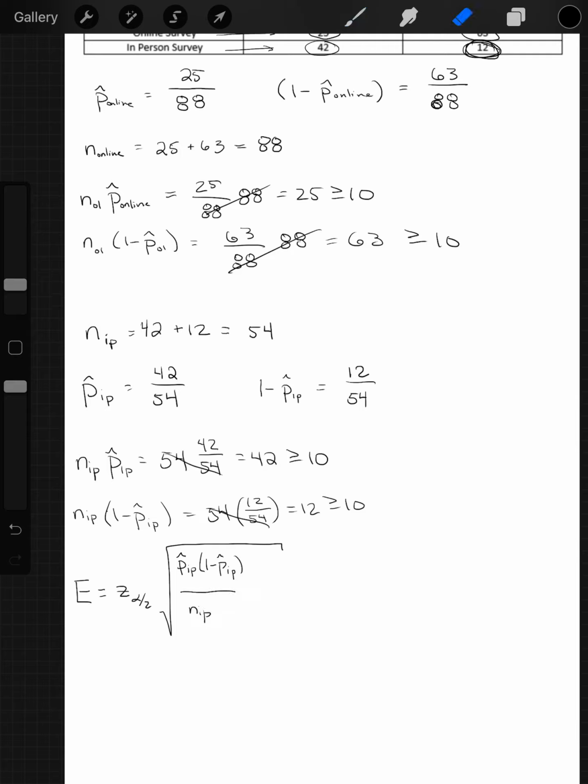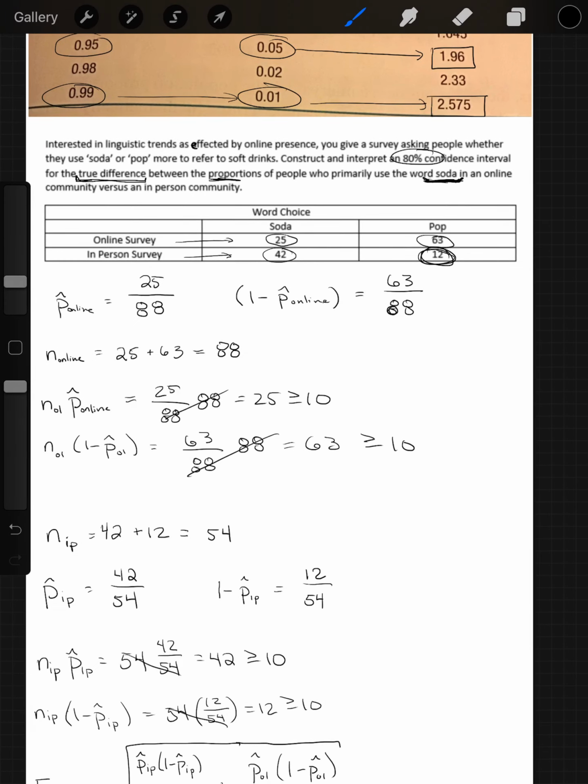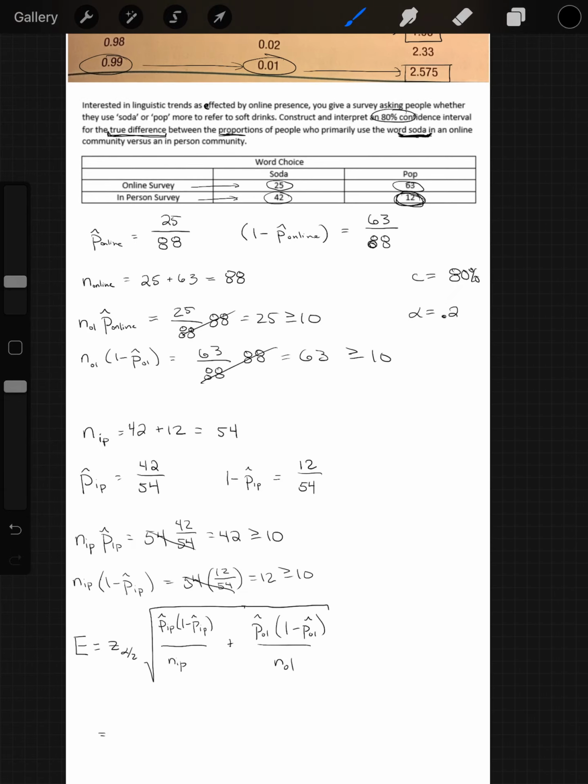And it doesn't matter what order we do it in, as long as we do both and we match everything up. So that's what our formula is going to look like. Z sub alpha over 2. We have an 80% confidence interval. So C equals 80%. So alpha must be 0.2.